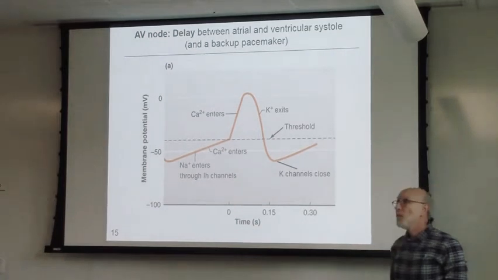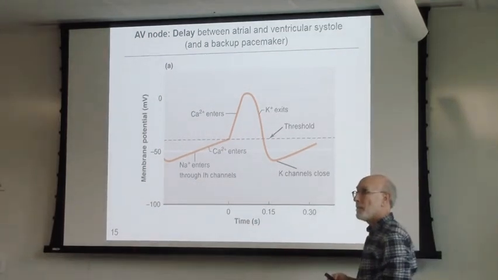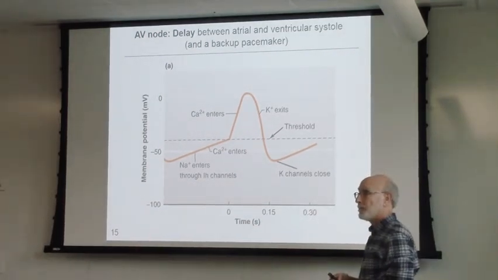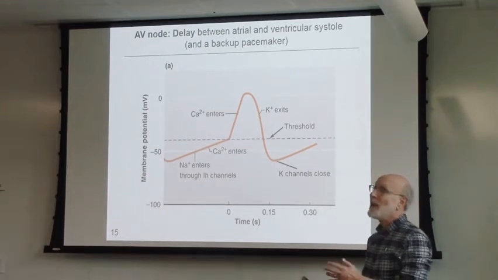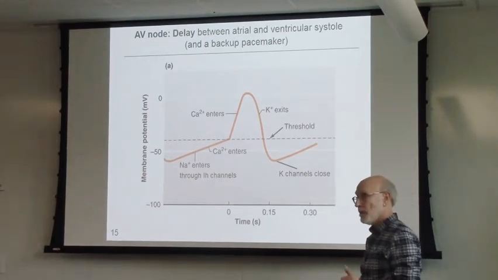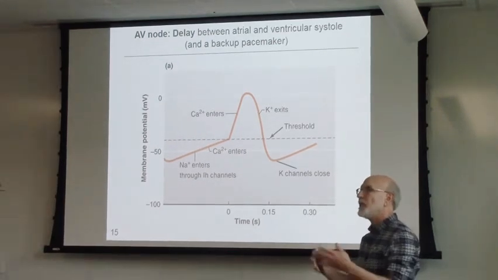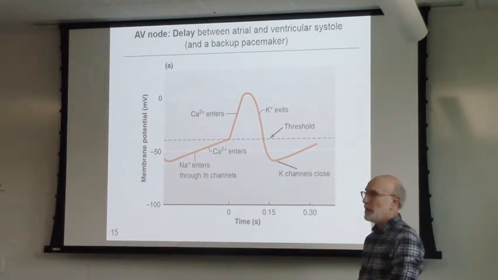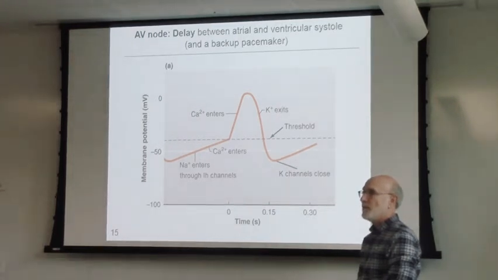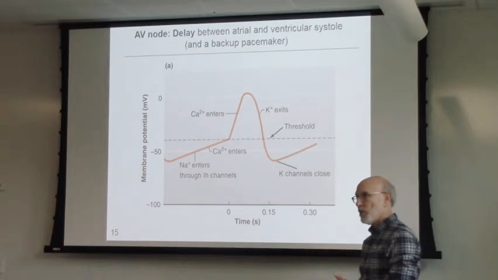When you say a slow calcium channel, do you mean literally slow or just fewer channels? It's really both. There are fewer channels, and their intrinsic kinetics of activation are much slower than those of voltage-gated sodium or potassium channels. So the channels are slow, and there aren't as many of them.